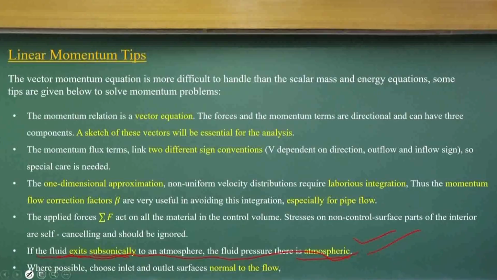Similarly, as I said earlier, you always choose the inlet and outlet to be normal to the flow. The scalar product between the velocity vector and the normal vector to the control surface should have either theta equal to 0 or theta equal to pi.